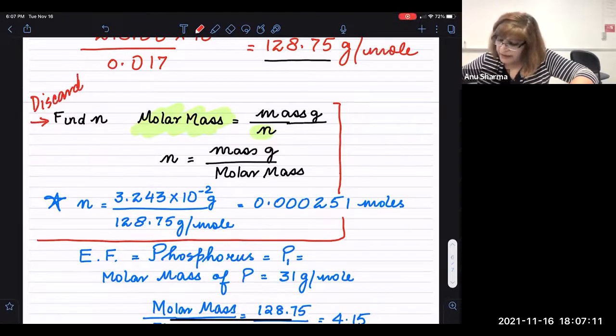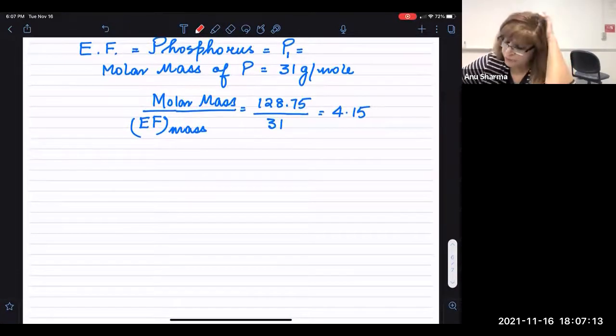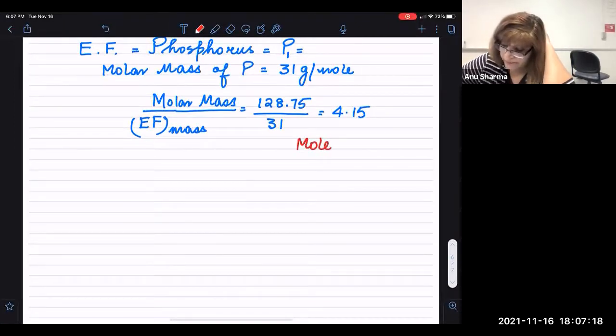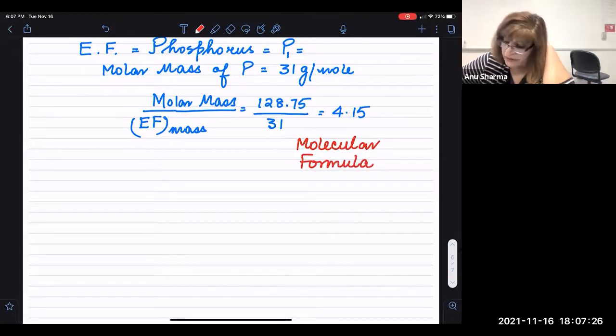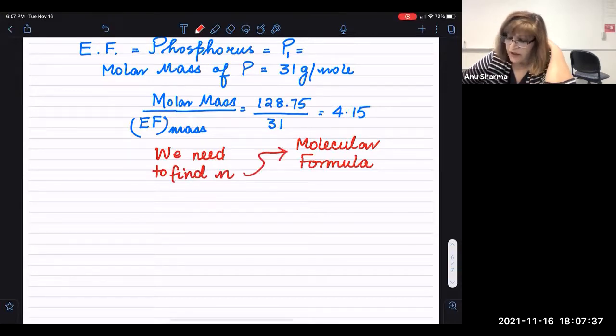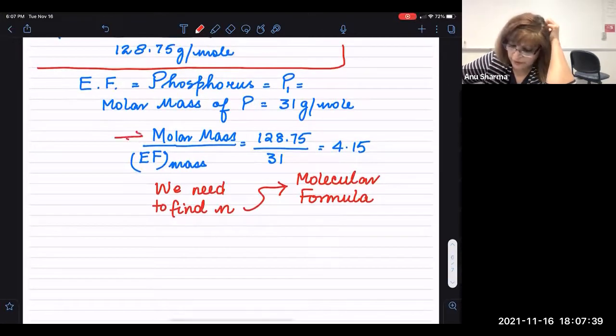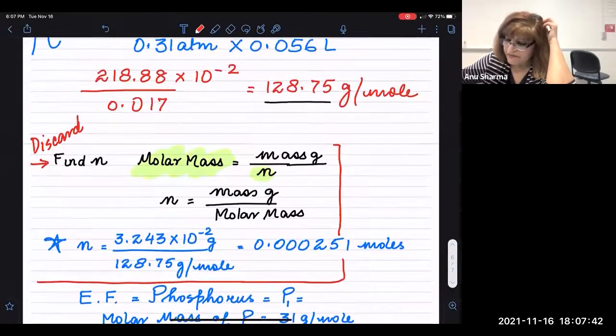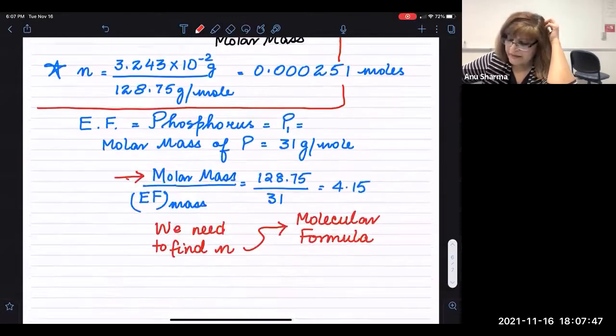But remember that for the molecular formula, you need the value of N. We need to find N in order to get the molecular formula. So we have the molar mass, which we calculated from top, 128.75. Use this molar mass, divide by the empirical formula mass.